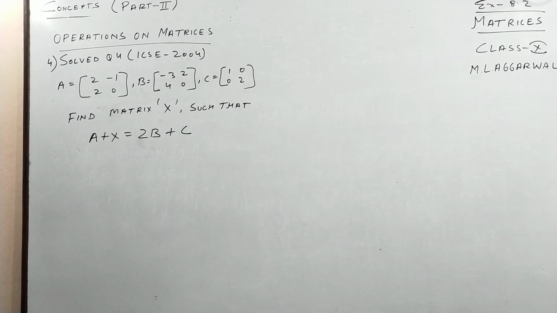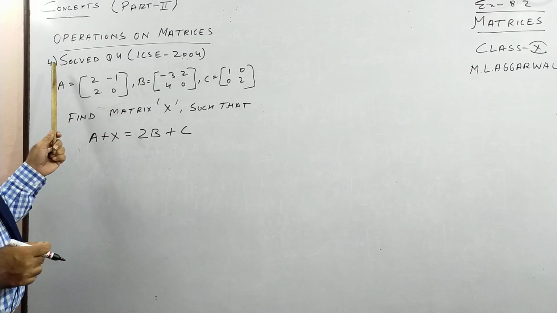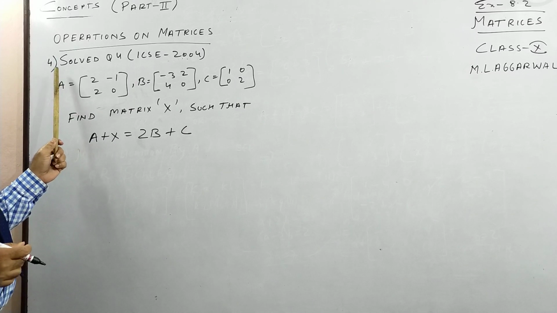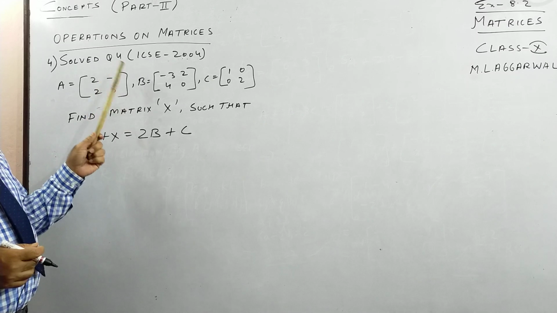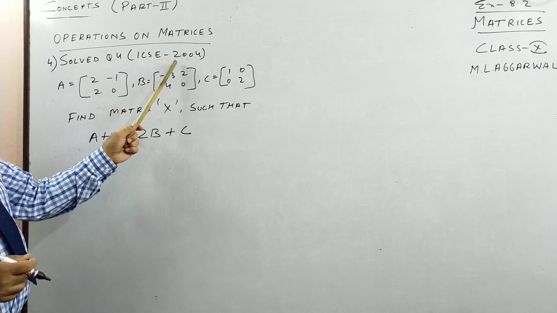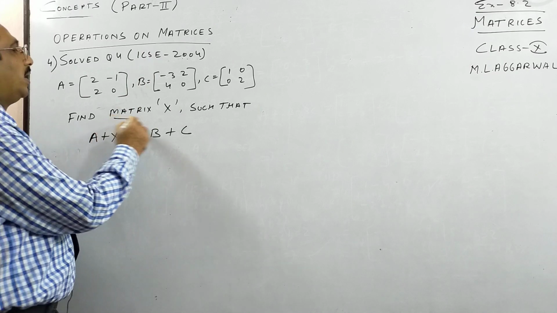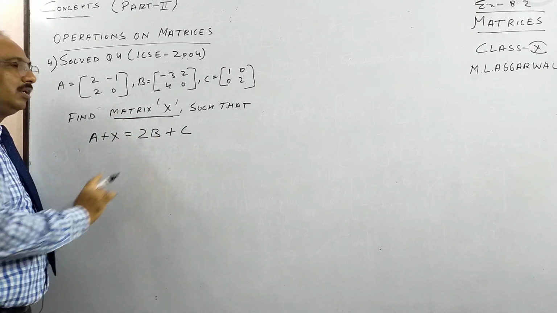So we go to the first ICSE question. This is solved question 4 of exercise 8.2. Why I am doing this is that it is ICSE 2004. Here we have to find a matrix X such that this is given.